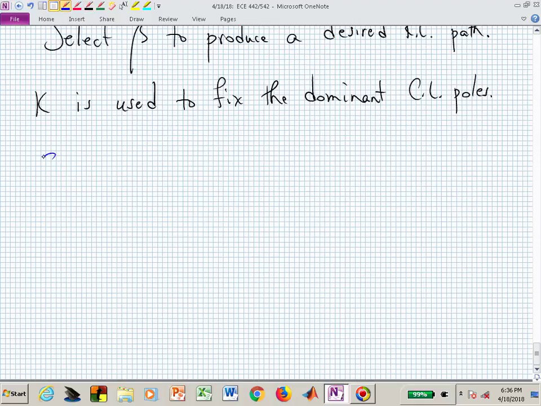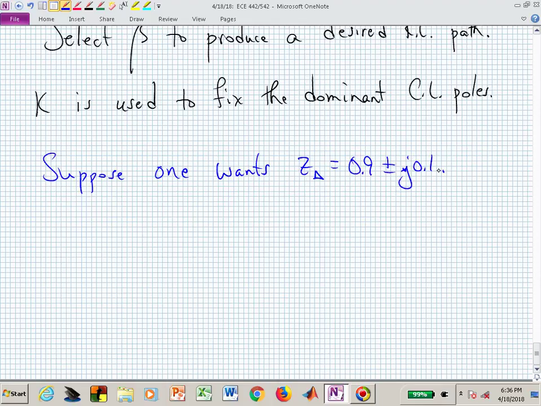For whatever reason, let's just suppose, for performance specification purposes, suppose one wants Z delta to be at 0.9 plus and minus J 0.1. If I gave you that on the final exam, could you tell me, if this is a two-pole system, what the performance specs are?